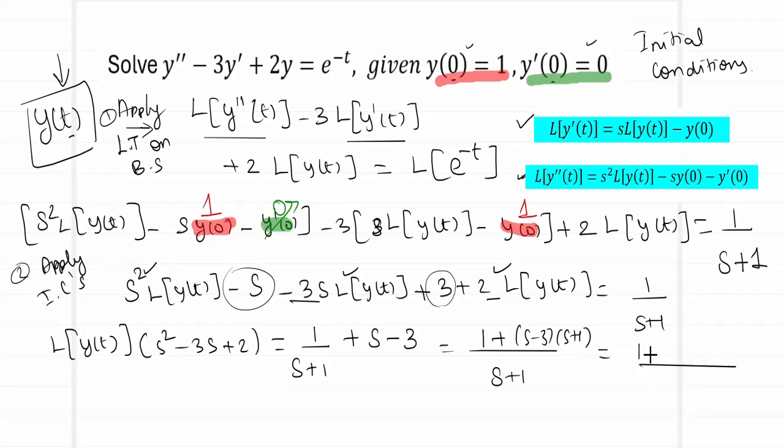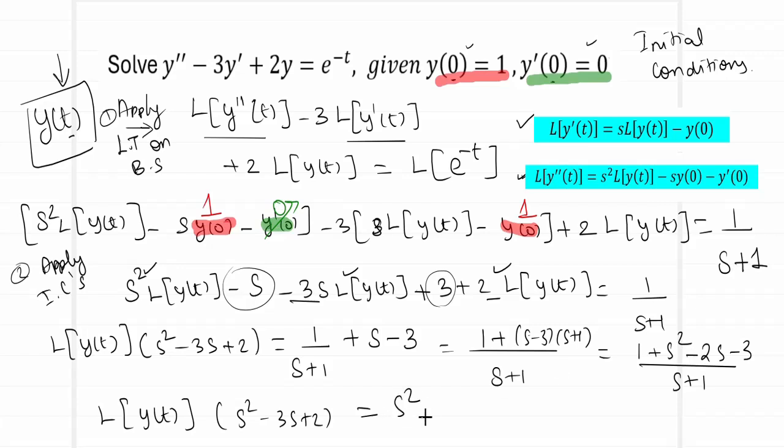Expanded, 1 plus s into s is going to be s square, minus 3s plus s makes it minus 2s, and minus 3 into 1 makes it minus 3, divided by s plus 1. So I have Laplace of y of t into s square minus 3s plus 2 to be equal to s square minus 2s, 1 minus 3 is minus 2, divided by s plus 1.